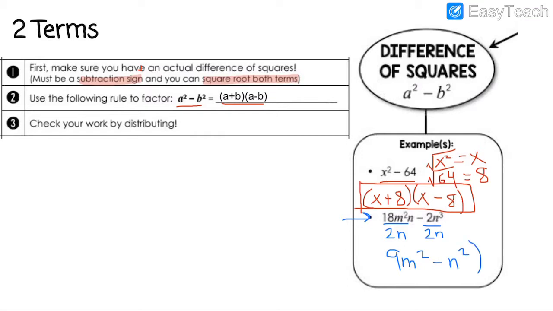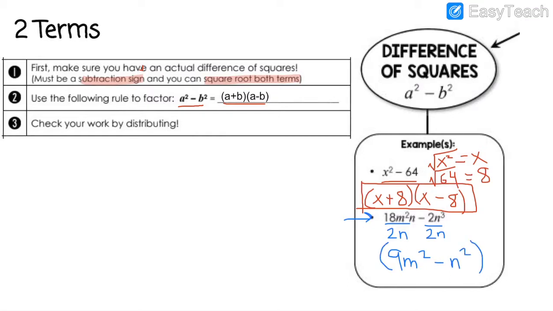But we can't leave that greatest common factor out, so we write that on the outside of the parentheses. Not a 24, a 2n.